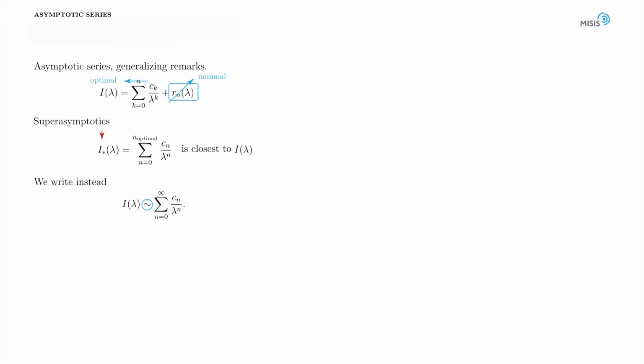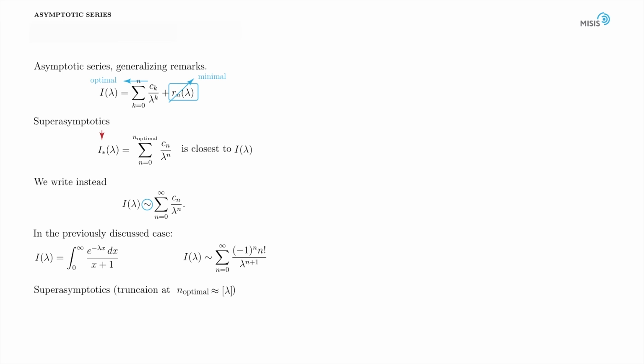That means that the accuracy which an asymptotic series provides us with can't achieve any given in advance value. But in most cases, it's exponentially small and is more than enough. For example, our discussed asymptotic series can be written as follows. To get the superasymptotics, we should truncate the sum at n equal to the integer part of lambda. The superasymptotics becomes then a finite sum and reads.